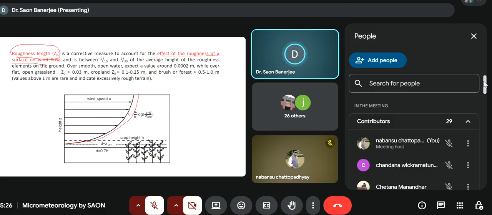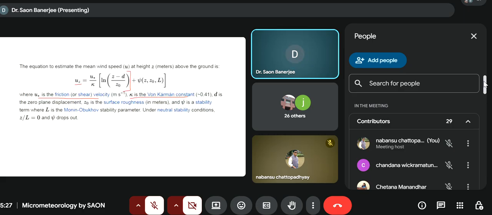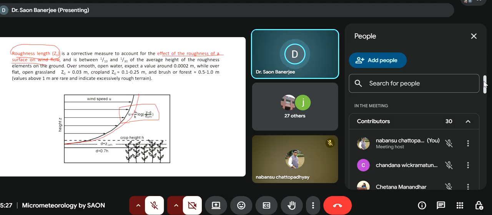In that way, we can measure this wind speed. Here also you can see that U is equal to U star by K log Z minus D by Z0. So Z0 is nothing but our surface roughness. So if Z is 2 and D is 0.7, then it is 1.3. Z naught for a cropland will be 0.1 to 0.25 meter, for example 0.1 meter.